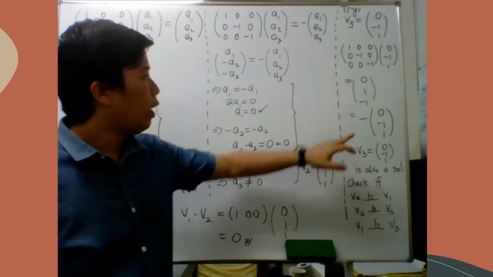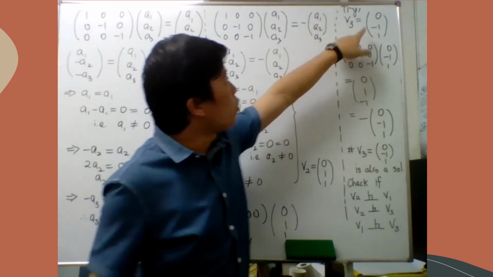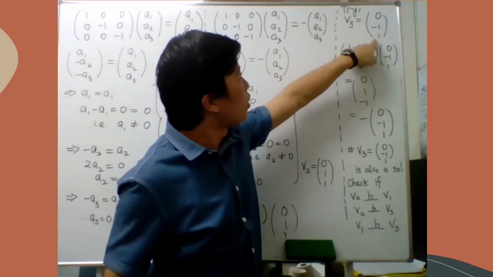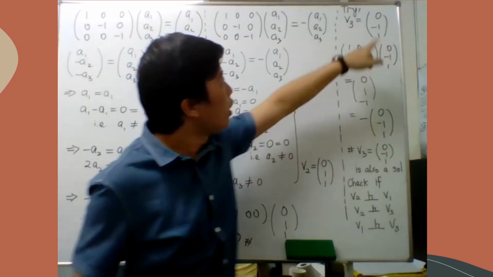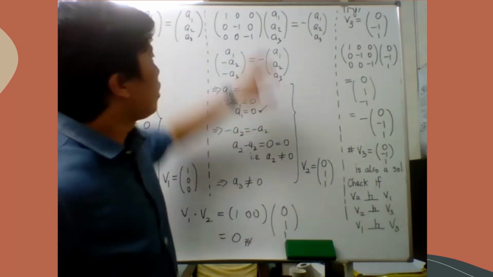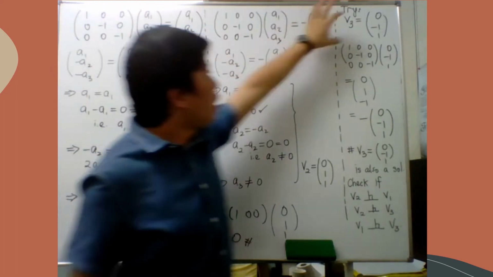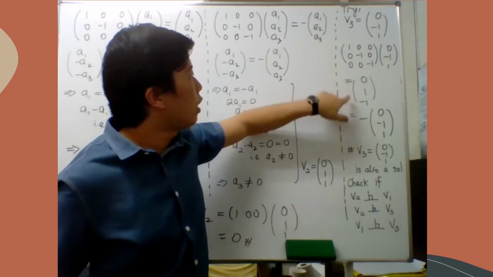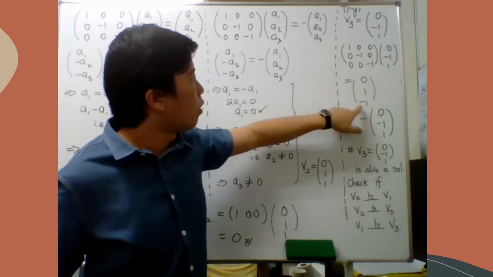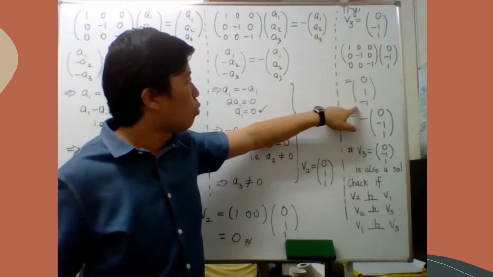Okay, and here, let's say for example, if you put v3 equals to 0, minus 1, 1. So my a2 is equal to minus 1, a3 is equal to 1. So you take the matrix H over here, multiply by this eigenvector, you will see that it will give you 0, 1, minus 1. So you can try this at home, multiply them, and this is what you will get.